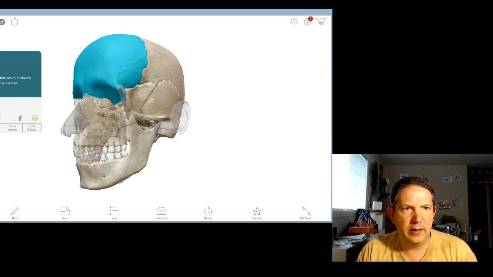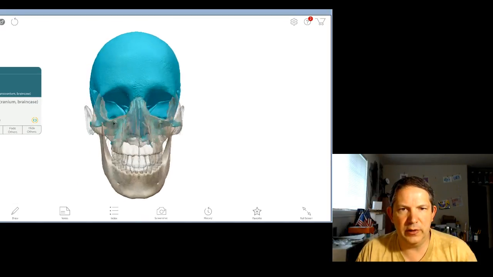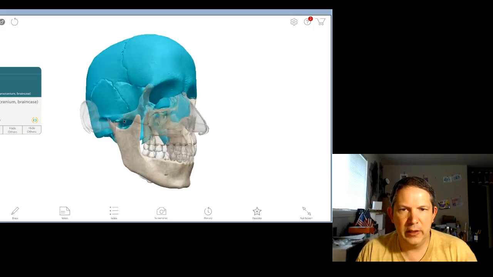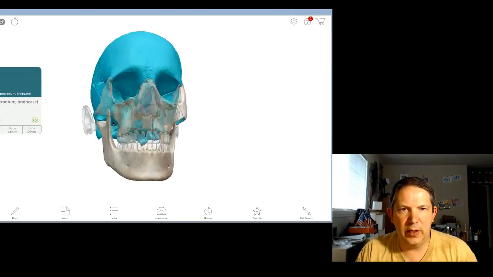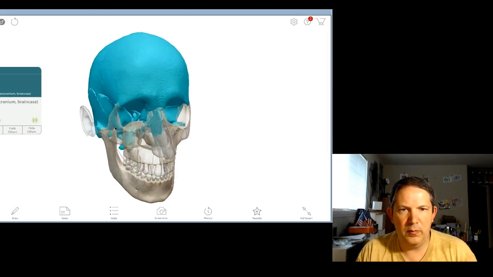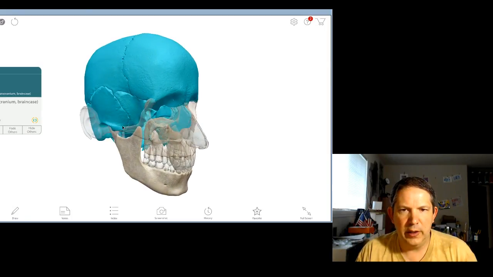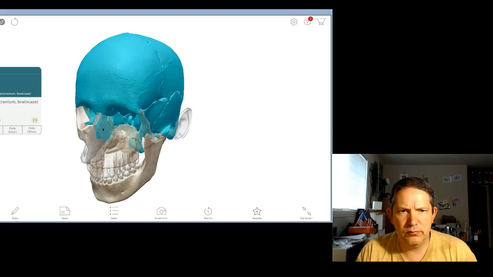So we have some other bones of the cranium that are harder to see. We have the sphenoid and ethmoid bones that I want to show you, and that might be it.